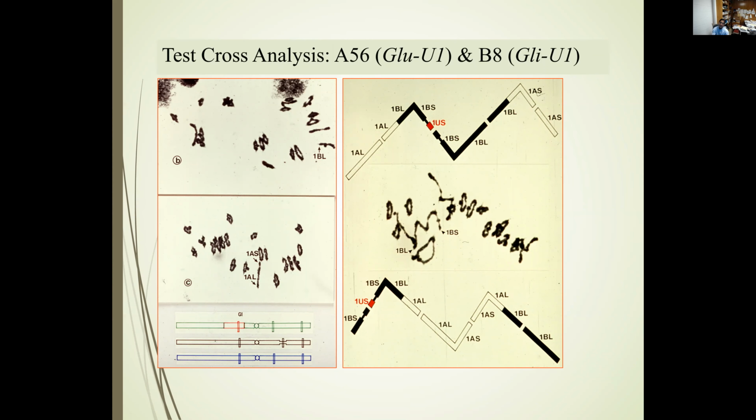What does it tell us? If you get ring bivalents in most of the cells, that tells us the background is fixed. Here the short arm is pairing with the short arm of the recombinant chromosome, and the long arm also pairs with the recombinant chromosome. It tells us it's probably a smaller insertion.